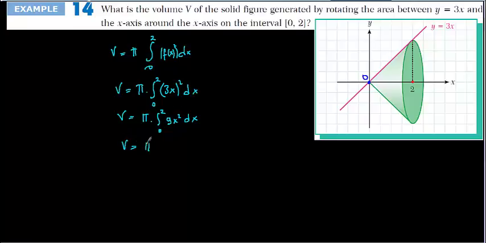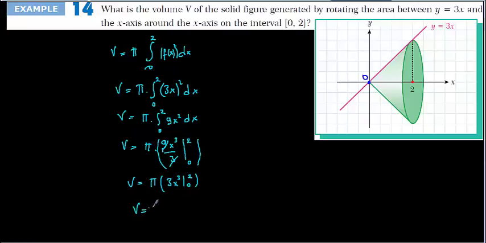The volume is equal to pi times 9x cubed over 3, and the boundaries are 0 to 2, so pi times 3x cubed from 0 to 2 it must be.